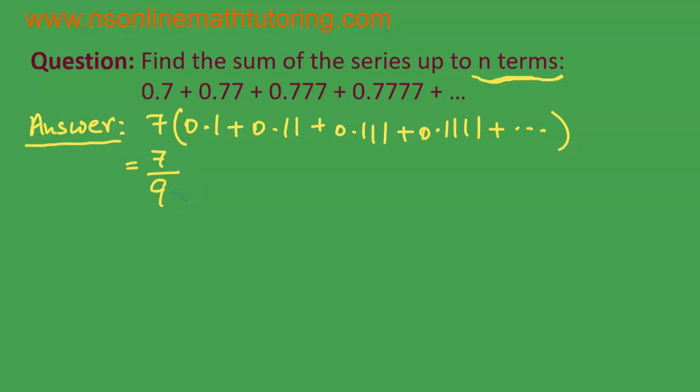So, I am dividing by 9 as well, because 9 divided by 9 is 1. So, I get 0.9 plus 0.99 plus 0.999 plus 0.9999 and so on.